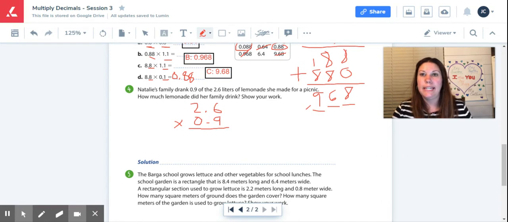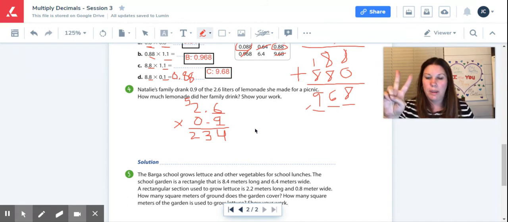What is 9 times 6? 54, right? So I'm going to put my 4 here, and my 5 goes above. Then I do 9 times 2, which is 18. And then 18 plus 5, that's 23, right? So 20 and 3. And then we have 1 space after the decimal here, and 1 space after the decimal here, which is a total of 2 spaces.